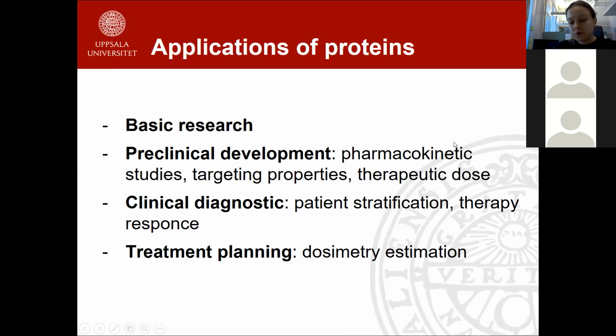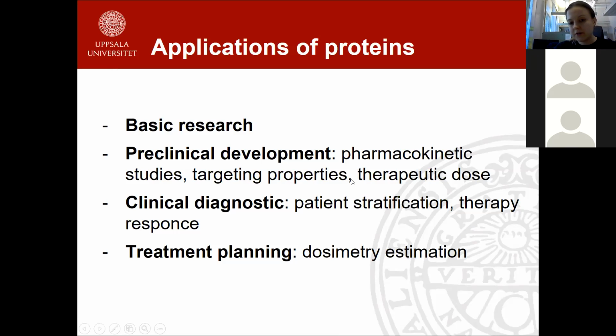So what we can do using radiolabeled proteins, we can do pharmacokinetic studies, which means that we can study the biodistribution, absorption, metabolism, excretion. We can trace the molecule using radioactivity.